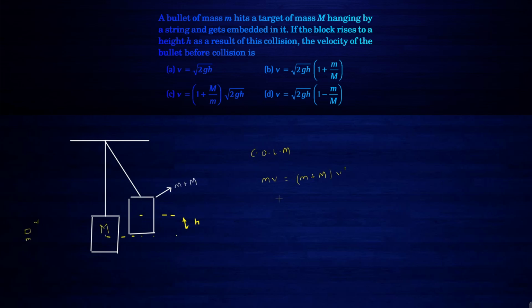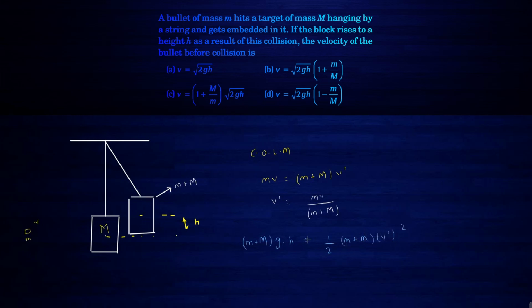So just after collision, v dash equals mv by m plus M, and from now, by applying conservation of energy, we can write (m plus M) into g into h equals half times (m plus M) into v dash square.